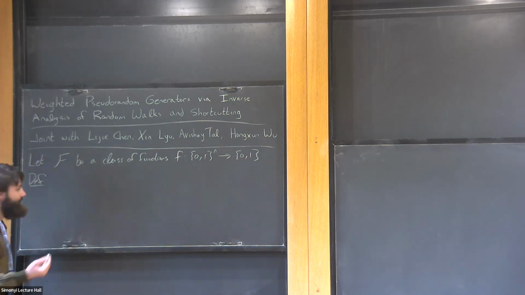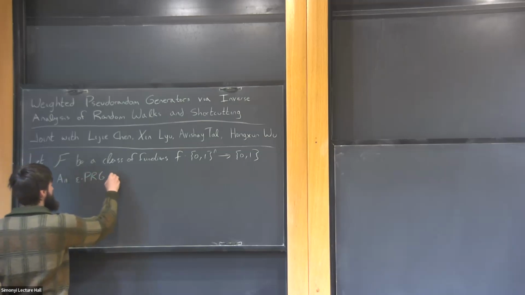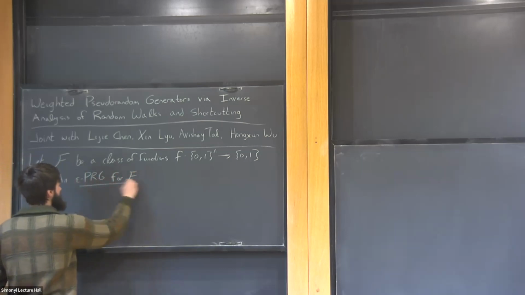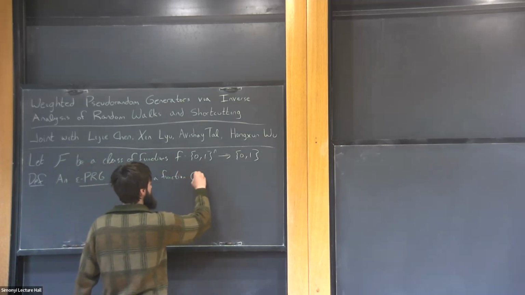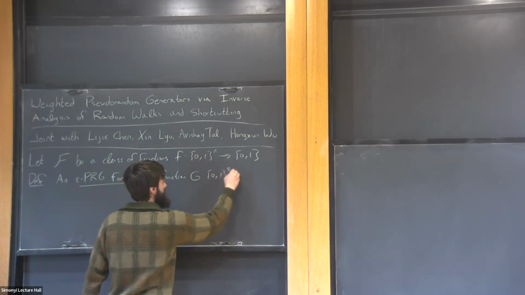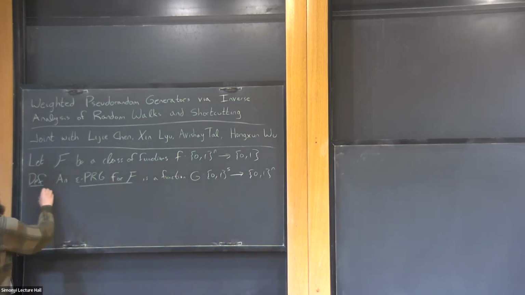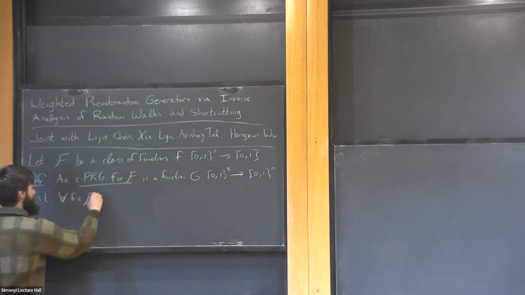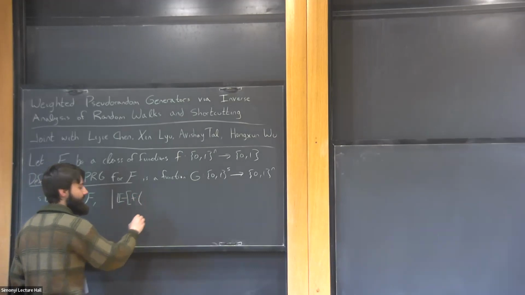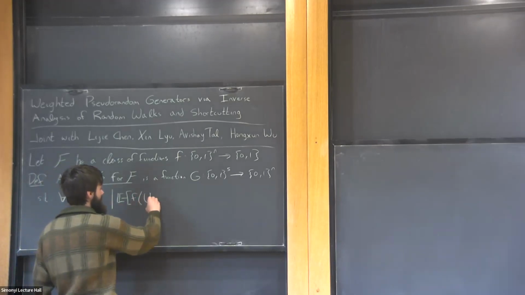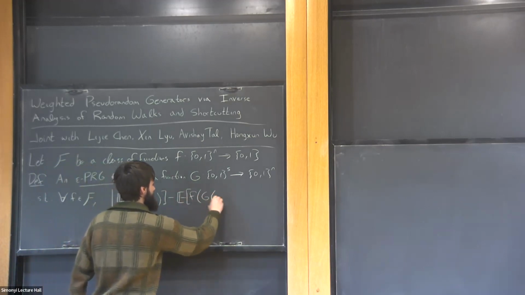Then the traditional definition of a pseudorandom generator would say an epsilon pseudorandom generator for F is a function stretching some short, truly random seed out to a long pseudorandom string, such that for every function in this class, the acceptance probability of this function is the same to within plus or minus epsilon, whether you plug in n uniform random bits or you plug in n pseudorandom bits that you get from the generator.